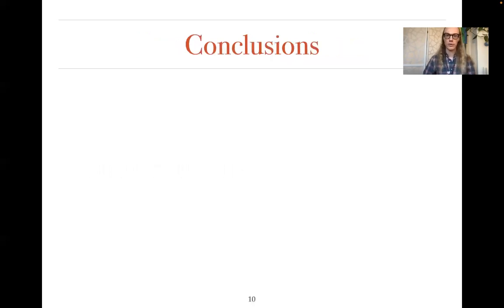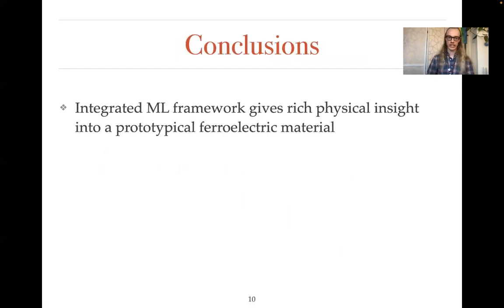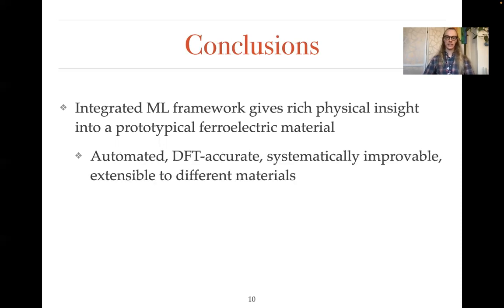All right, so to wrap up, Lorenzo and I have shown an integrated machine learning framework that can give us a comprehensive physical insight into a prototypical ferroelectric material, in this case, barium titanate. It is automated, accurate to the DFT reference we provide it, systematically improvable, and altogether it means it's extensible to different types of ferroelectric materials that may not share the same well-studied ferroelectric mechanism as barium titanate.